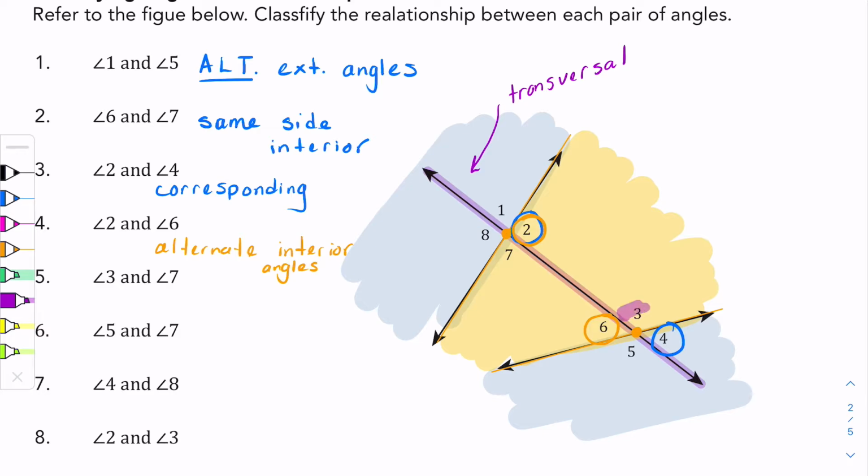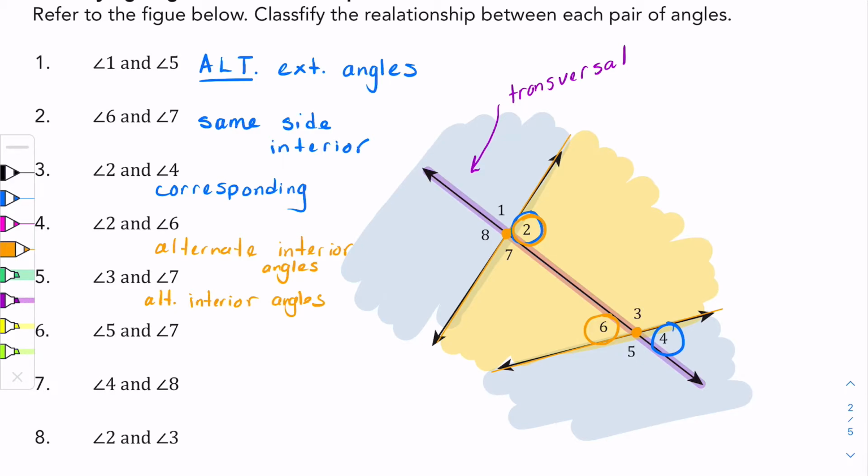Angle 3 and angle 7, those are also alternate interior angles. Angle 5 and angle 7, those are in the same location with respect to the transversal, both to the left side of the transversal, both below the orange lines.